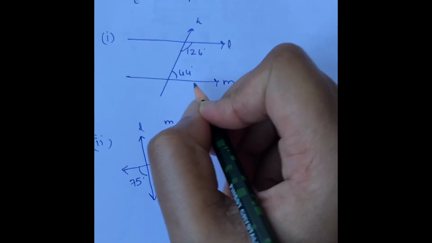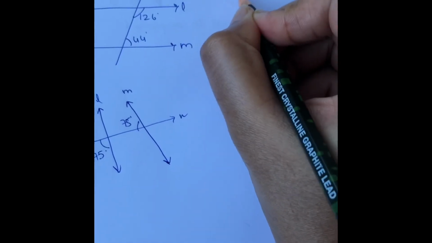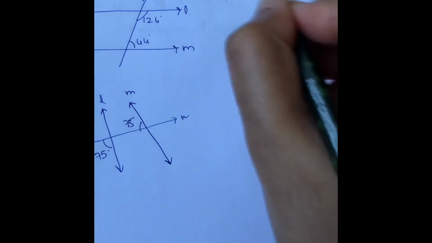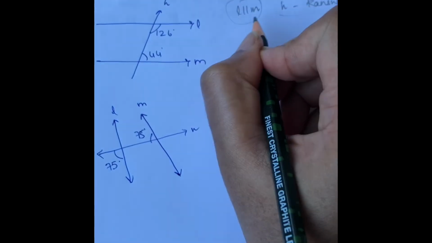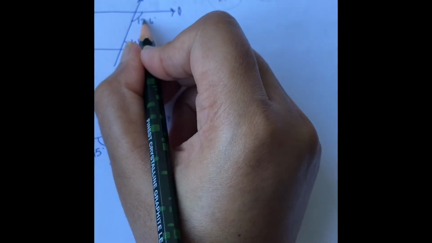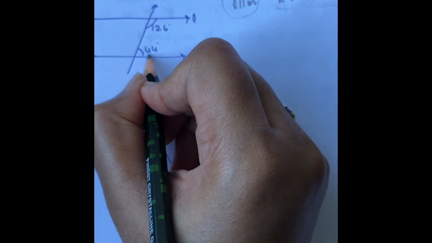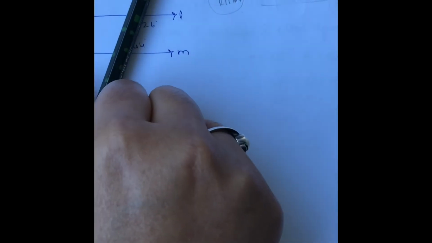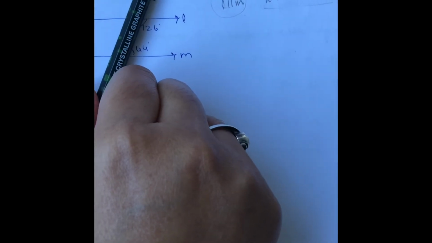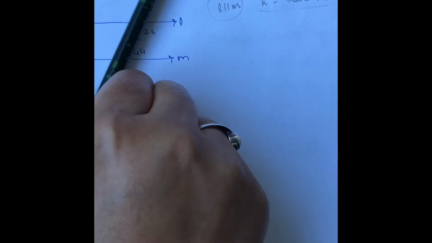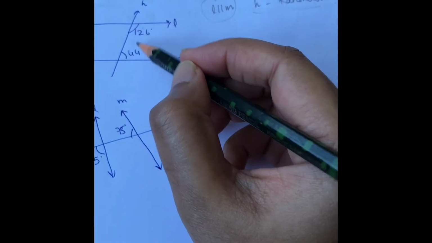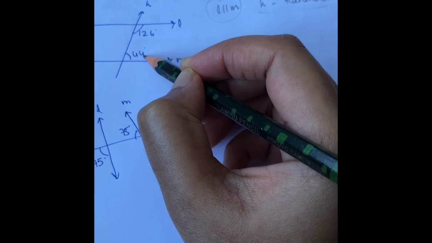We have to prove L is parallel to M and H is a transversal. So we know H is a transversal, but we have to prove L is parallel to M, given 126 degrees and 44 degrees. We have studied that if they are parallel lines, then the angles on the same side of the transversal should add up to 180 degrees.